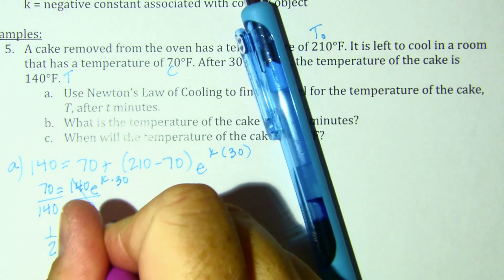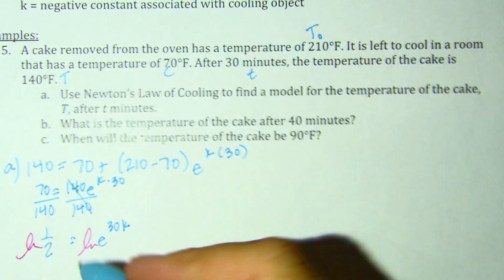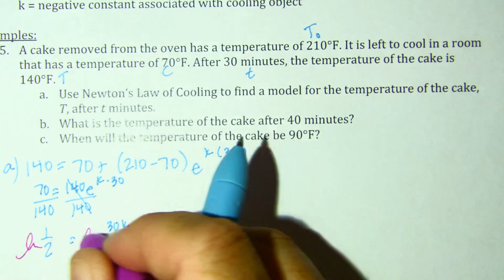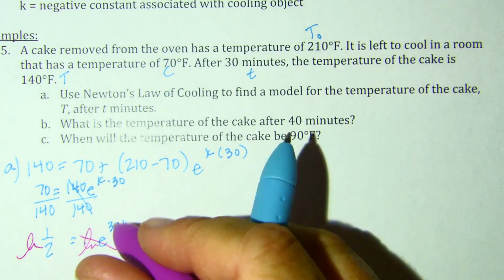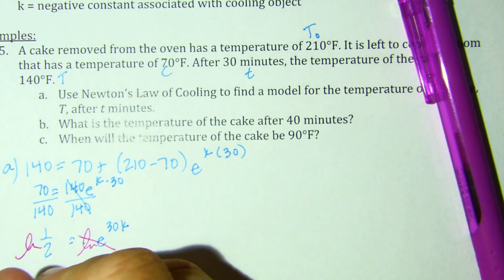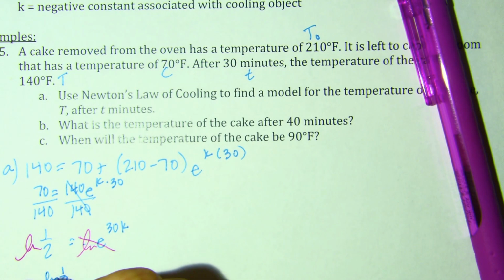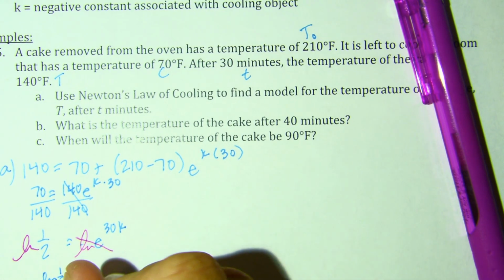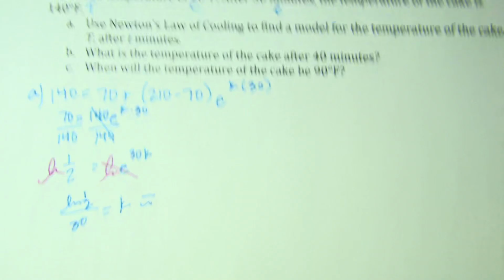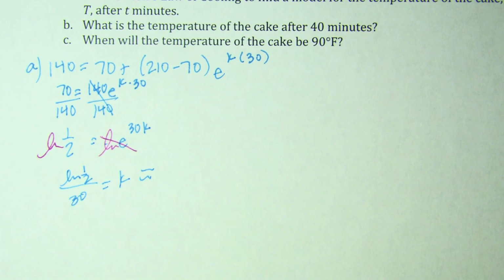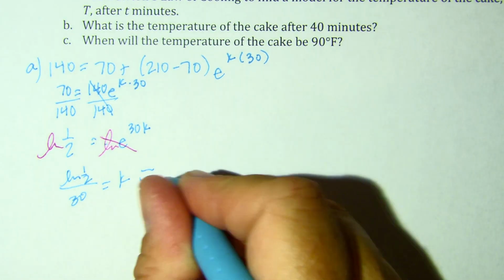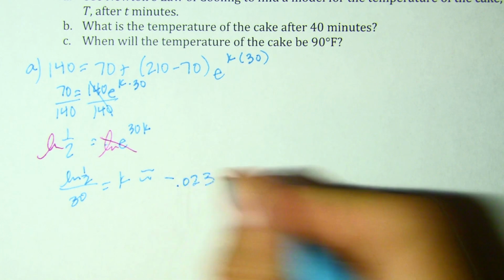We can take the natural log of both sides. Natural log and e cancel. And then I have the natural log of 1/2. I can divide by 30 on both sides, and that equals k. Typing that into my calculator, we end up with negative 0.023.